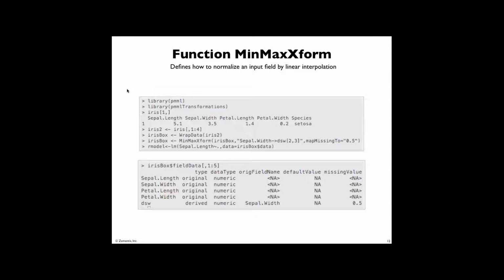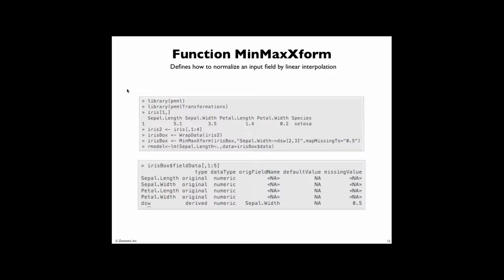So you want to wrap the data, the raw data, and make a transformation object, which will be storing all the information about the transformation. So you take the raw data, an array of numbers, and you put it in a transformation object. So iris box is what is called here.